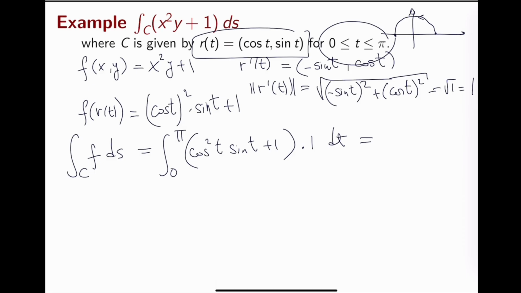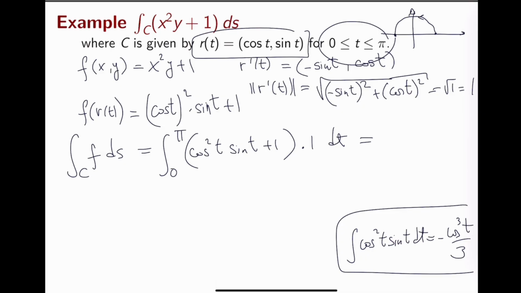In order to calculate the primitive of cosine squared of t sine of t, we can do a change of variable, and we get that the integral of cosine squared of t sine of t dt is just minus cosine cubed t over 3. This is just doing a change of variable. We can calculate this primitive.